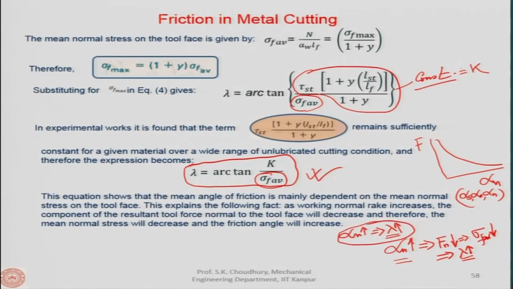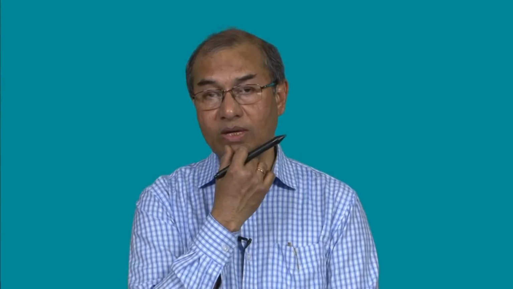So, this is the contribution of Dr. Zorev's model, that through a model and through the curves of distribution of the shear stress and the normal stress, he has shown the mean coefficient of friction in the chip tool contact length. Because in the chip tool contact length the mu does not remain constant, he has distributed that in two sections: one is the sticking zone, one is the sliding zone.